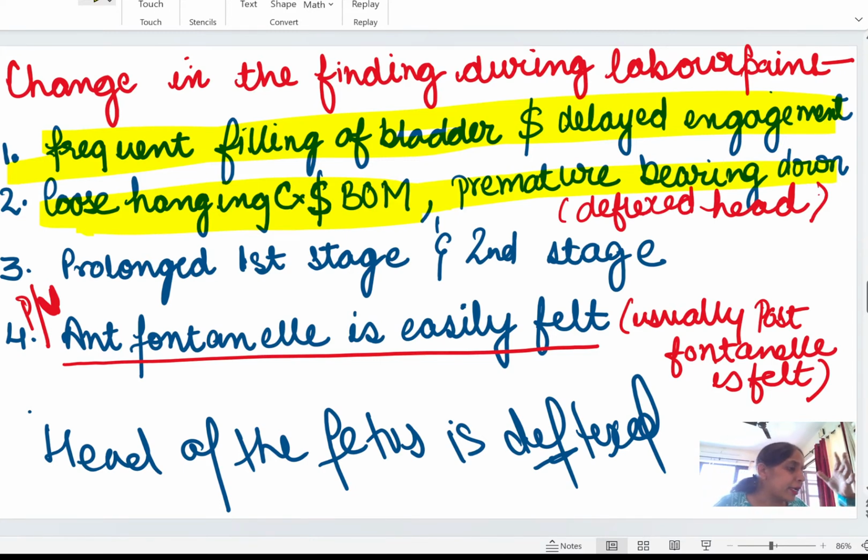Just see in the camera here. Imagine that this is the fetal head. Okay. And this my hand is cervix. And if I completely flex the head, see, now I am in occipito-posterior.